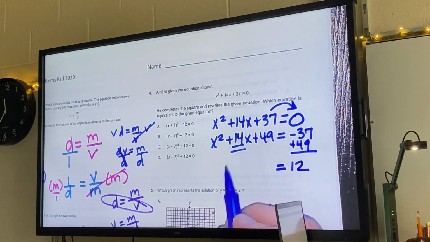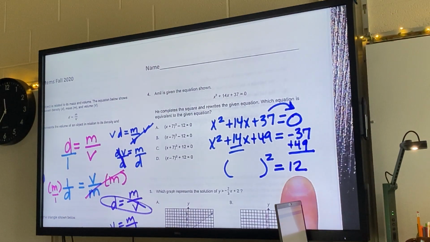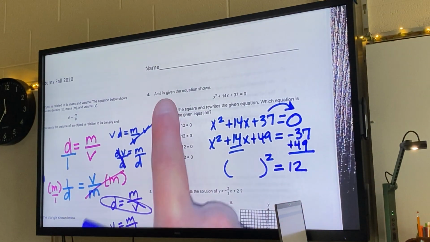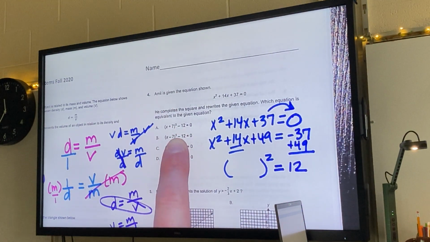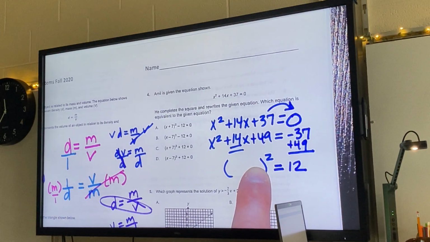And then on this side, we're going to factor it. So what would happen when I move this 12 over here? Because when I look at my answer choices, do you see how they move the constant to the left side? So if I took this 12 and moved it to the left side, it's going to be what kind of number? Negative.